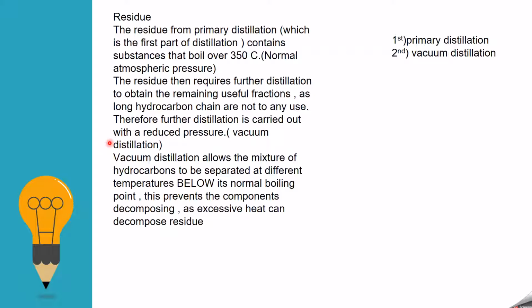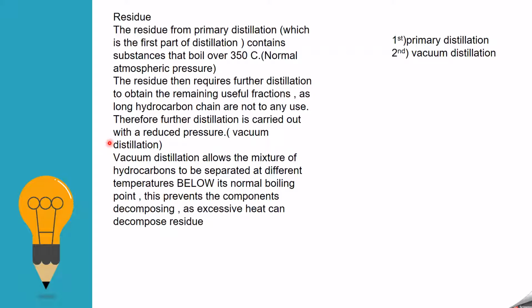So the residue requires further distillation to obtain the remaining useful fractions, as long hydrocarbon chains are not of any use. Therefore, further distillation is carried out with a reduced pressure. This is known as vacuum distillation. Any distillation with a reduced pressure is known as vacuum distillation.